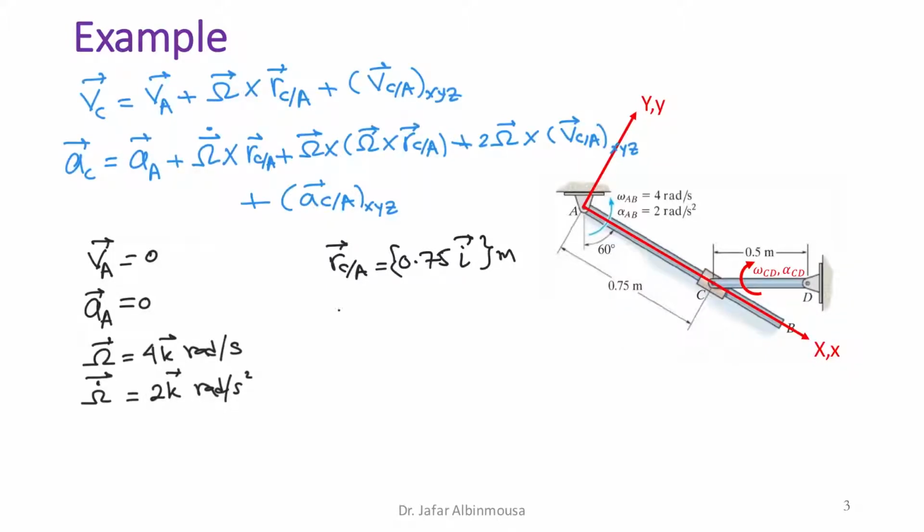Also, we can understand that VC with respect to A as measured from the local coordinate system has some magnitude, VC with respect to A xyz, but its direction is j.